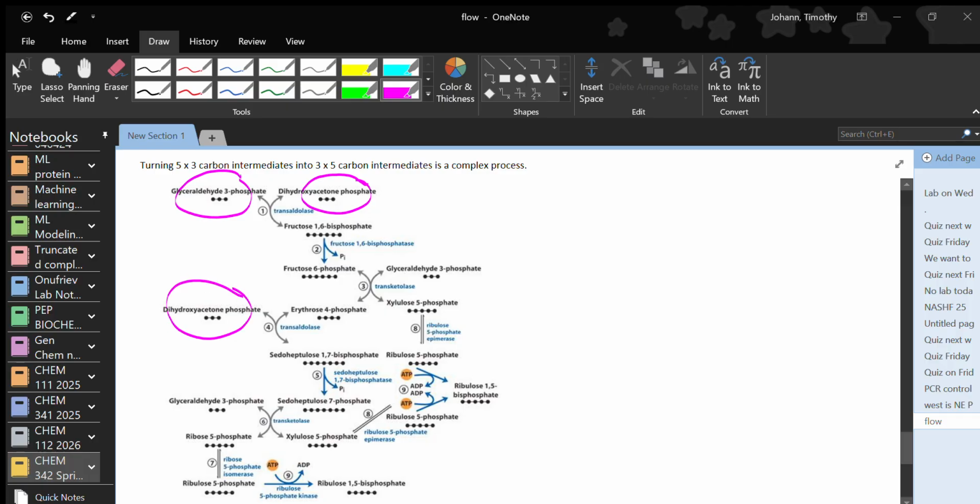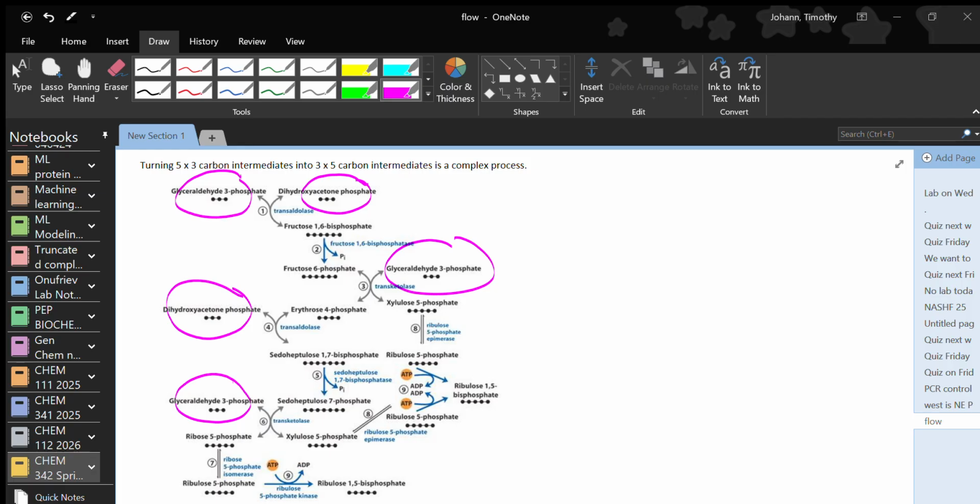Sorry, I should have said it earlier. Glyceraldehyde 3-phosphate. One more glyceraldehyde 3-phosphate. I don't think I missed any. There are 5 3-carbon intermediates coming in. You remember that dihydroxyacetone phosphate is in equilibrium, in glycolysis, with glyceraldehyde 3-phosphate.